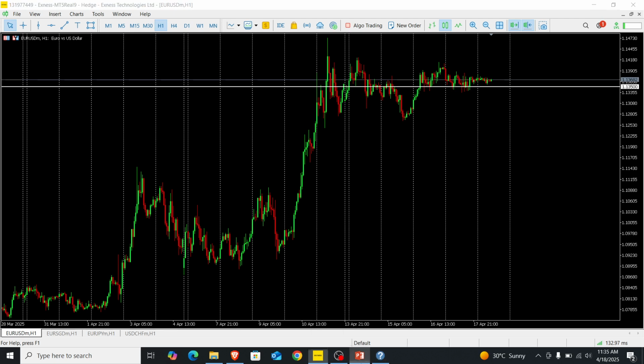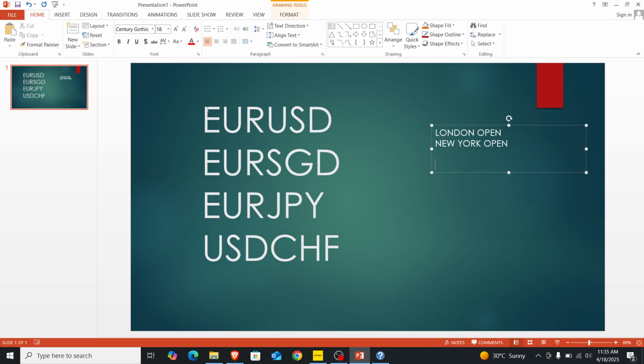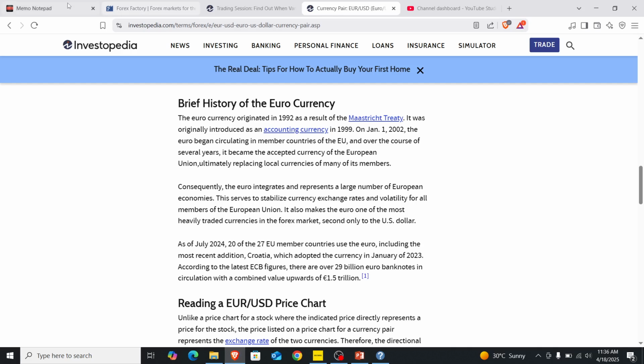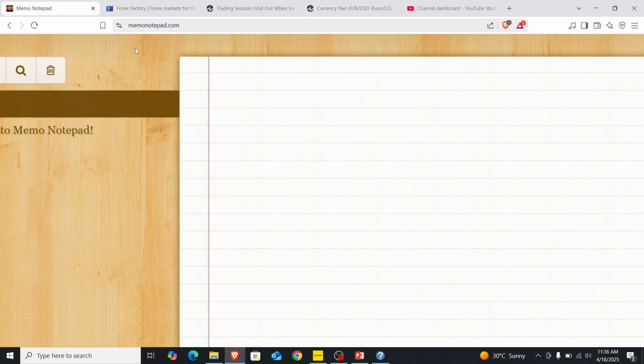Before we go deep into what currency pair and all the correlated pairs I use to trade this, I just want to cover the fact that since we'll be trading Euro USD, what we want to do firstly is to know what session these currency pairs are open at.